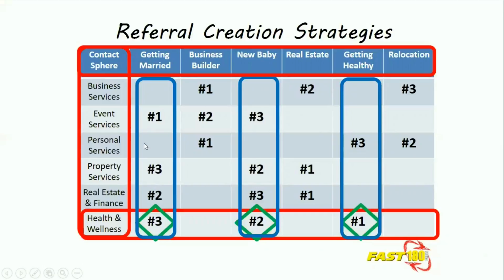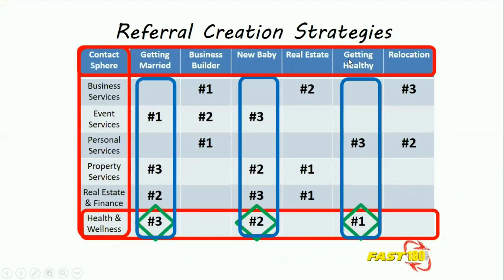And basically what this chart shows you is that, for example, if you're a health and wellness business, your number one tendency is probably the getting healthy key situation, which is going to be number one for them.